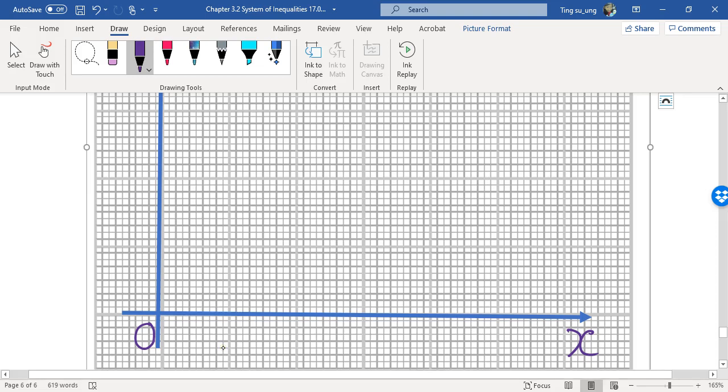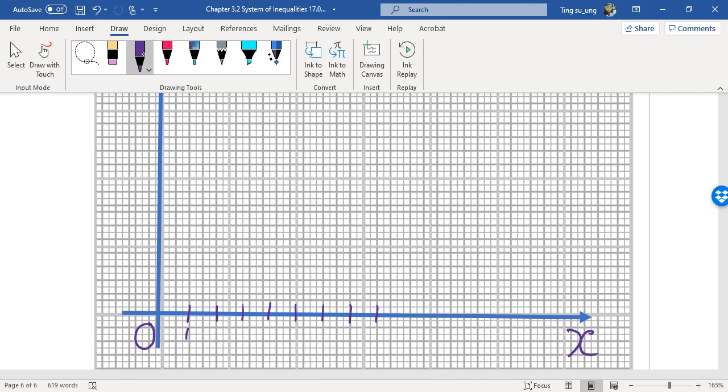Okay, you just mark the boxes 1, 2, 3, 4, 5. So you just have 8.